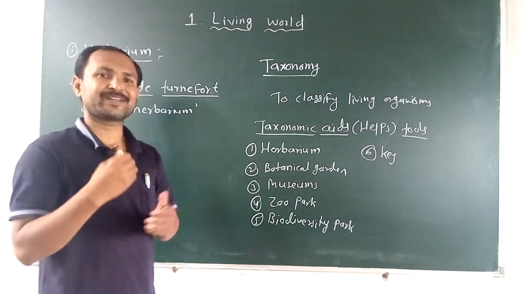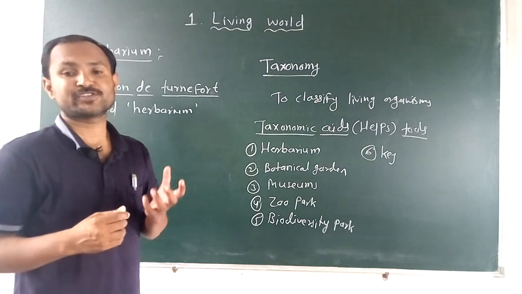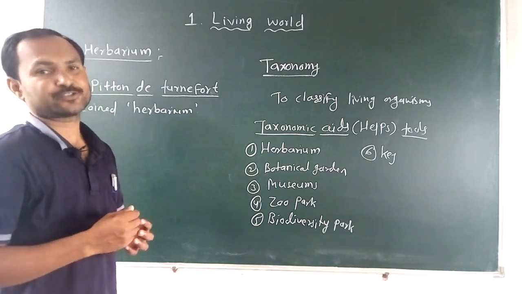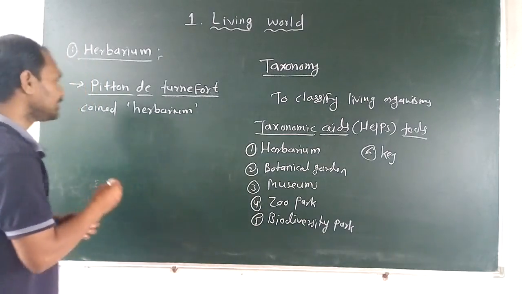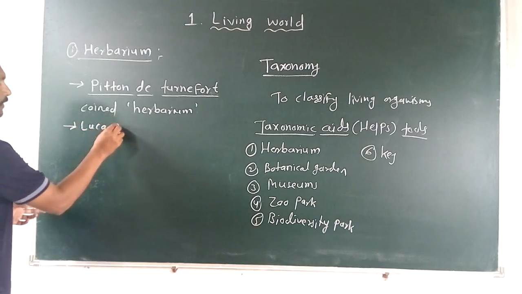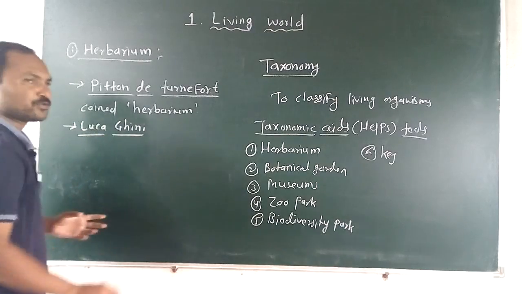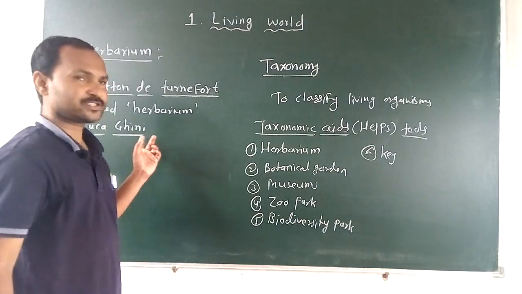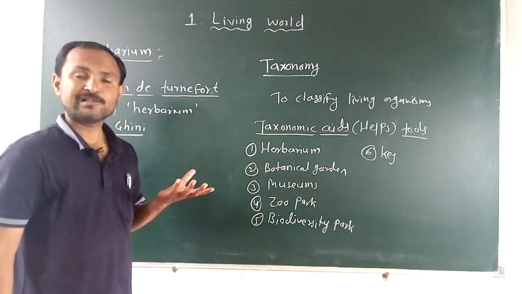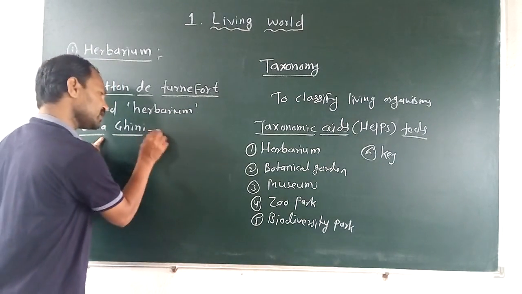Then next, the art of herbarium. While making the herbarium sheet, that is one of the skills. That skill was initiated by the Italian taxonomist Luca Guarini. A taxonomist is a scientist who can classify living organisms.